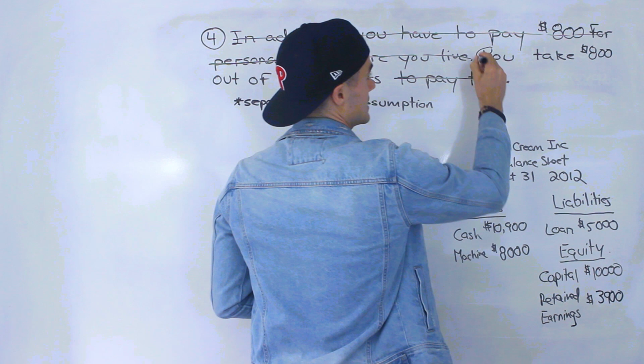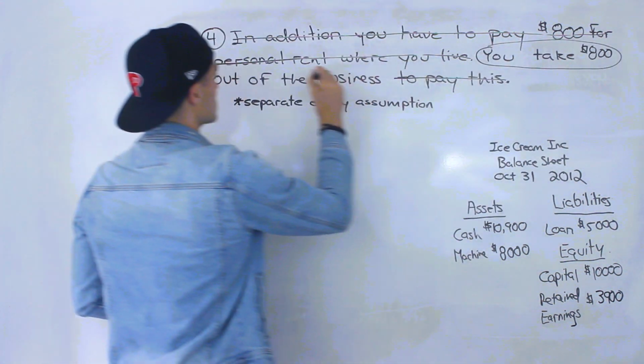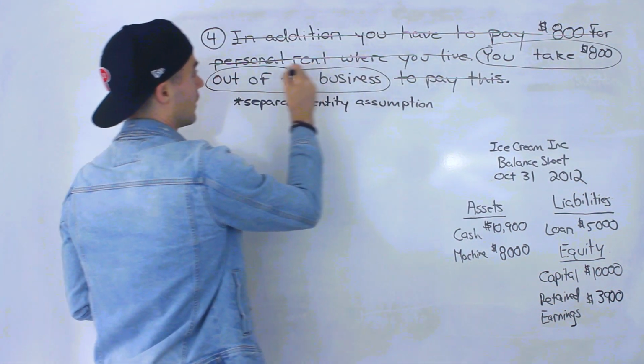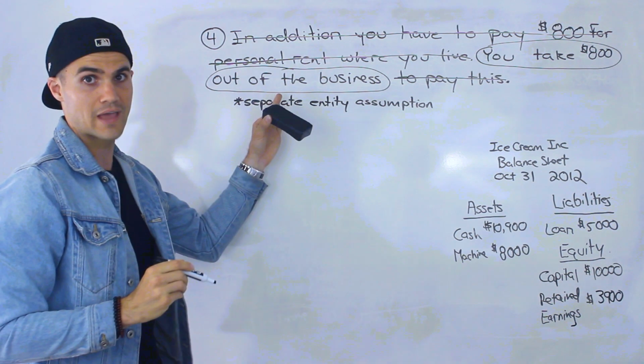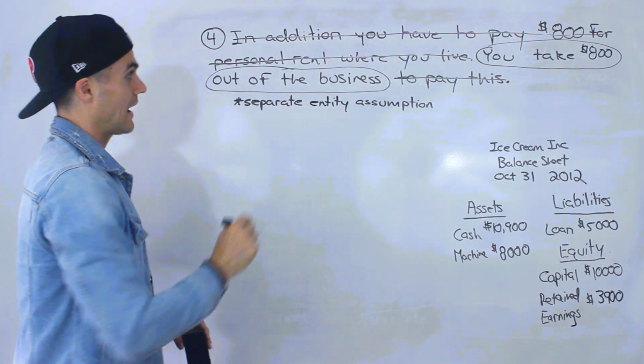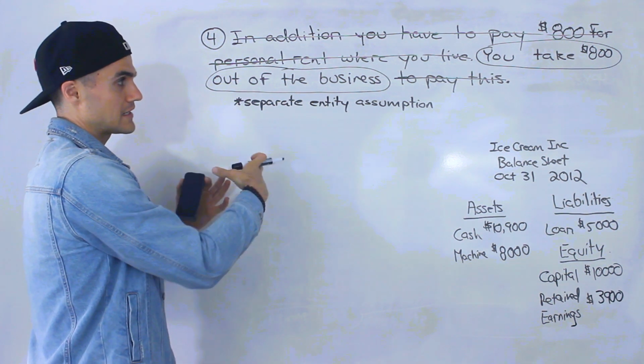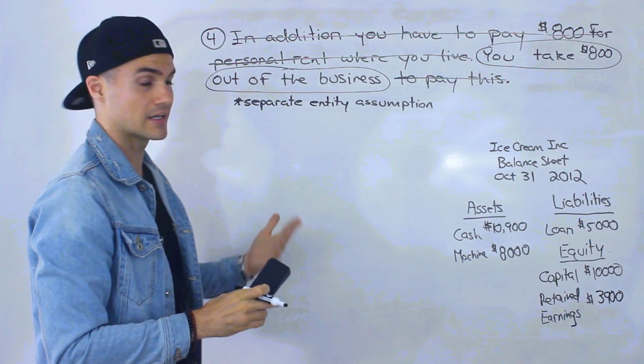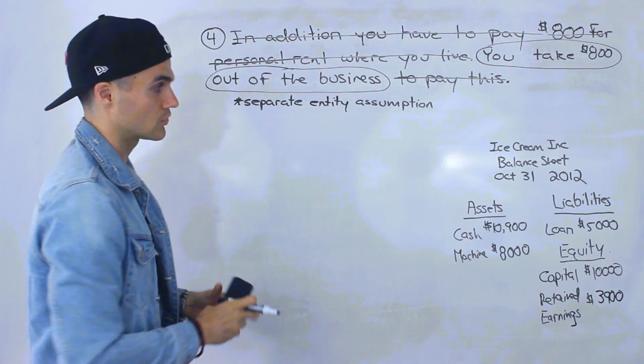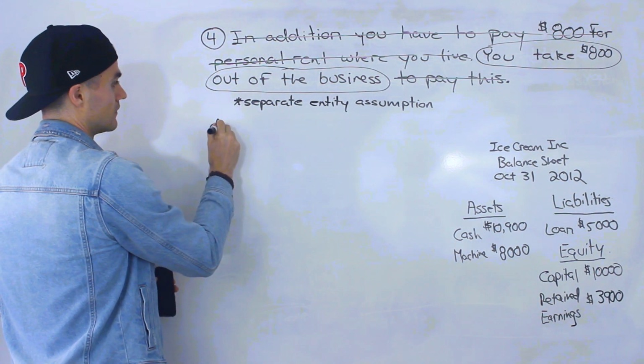All that matters is that $800 was taken out of the business, and that we have to account for. And actually what this is called when money is taken out of the business and distributed to the owners, to the equity holders of the business, is a dividend.